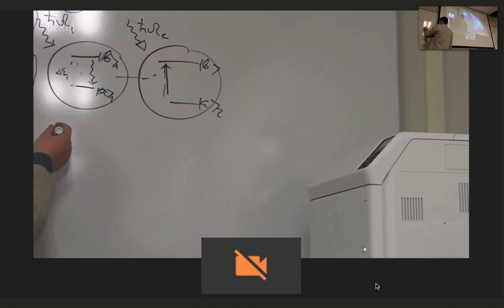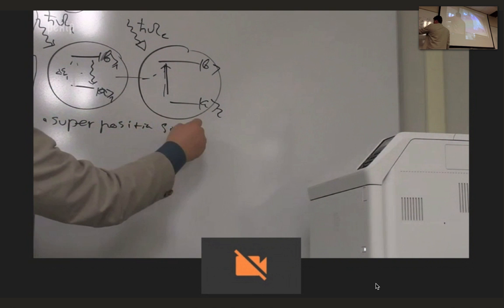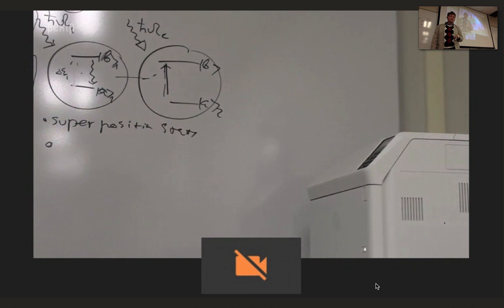So two things. We need to be able to describe superpositional states, and we need to select the observables that we will target and describe.